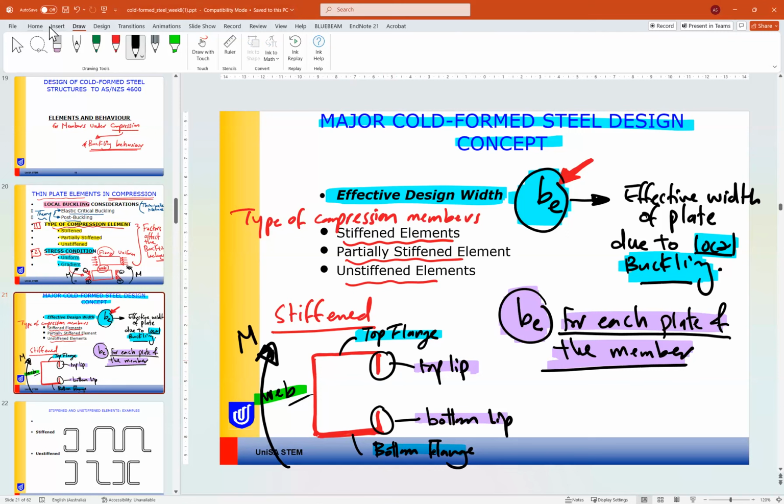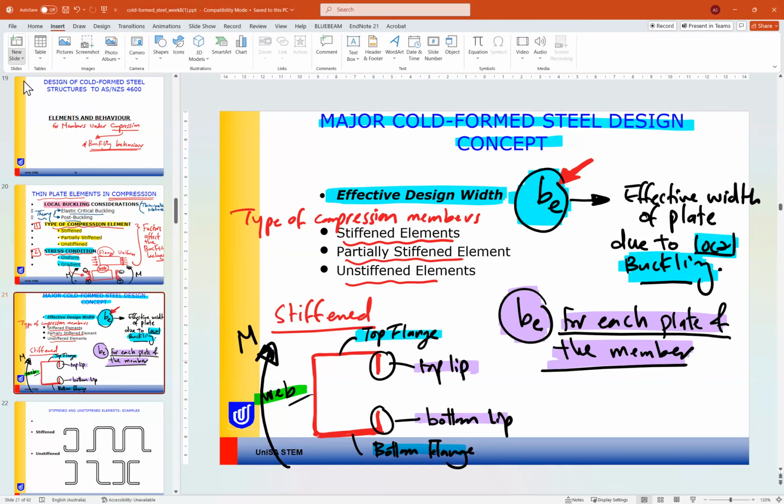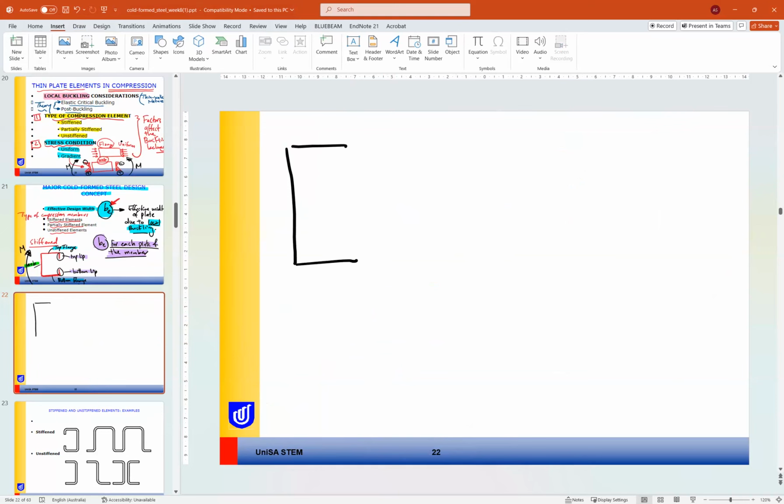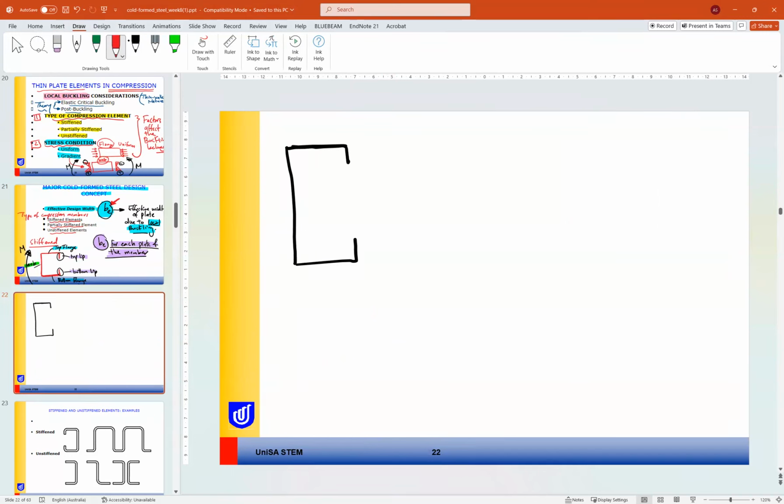So let's do it again here. If we look at this member, the top flange is stiffened.